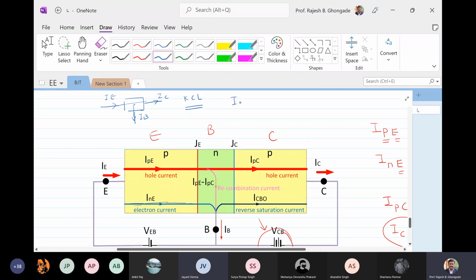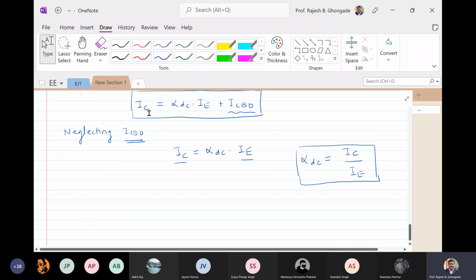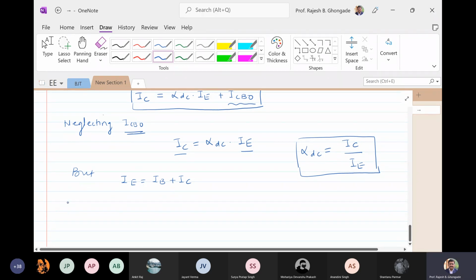IE is equal to IB plus IC. ठीक है ना? Yes, sir. So IE is equal to IB plus IC. So I can now write, मेरे पास IC का वैल्यू है, तो IE as IB plus IC का वैल्यू क्या है? अल्फा DC into IE plus ICBO.